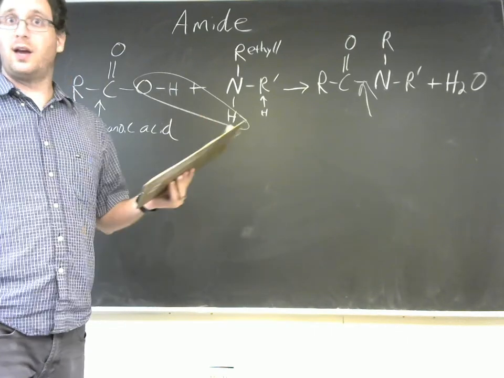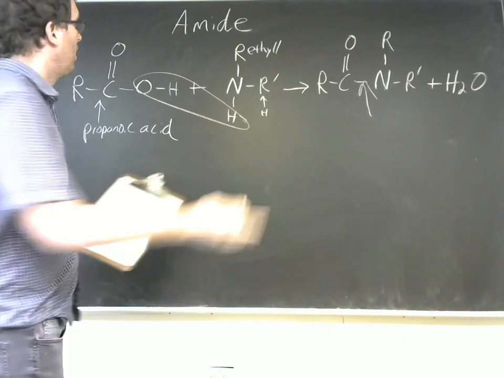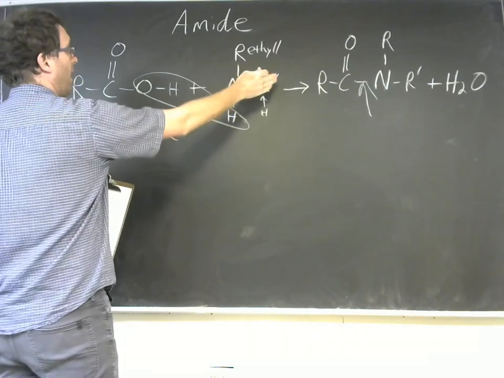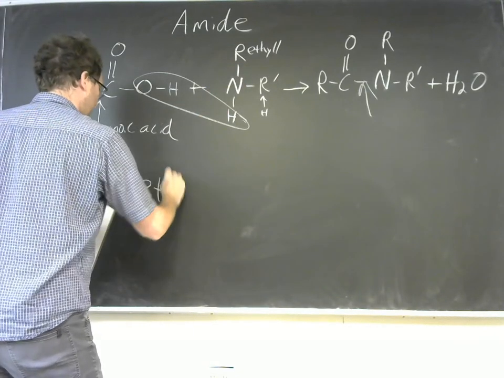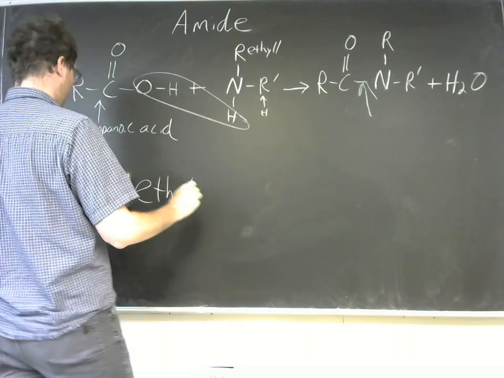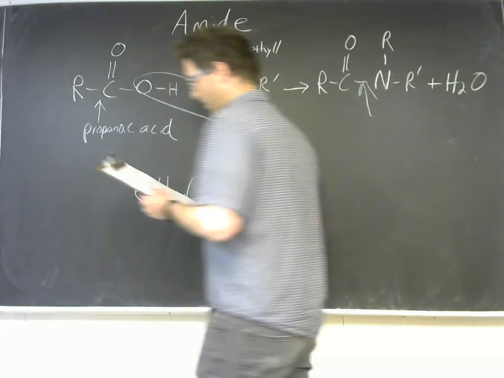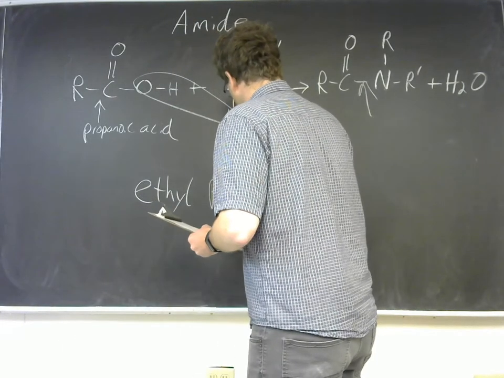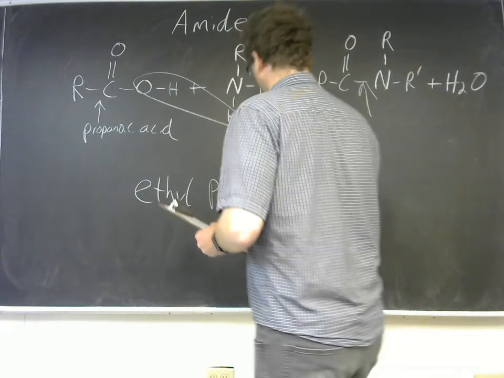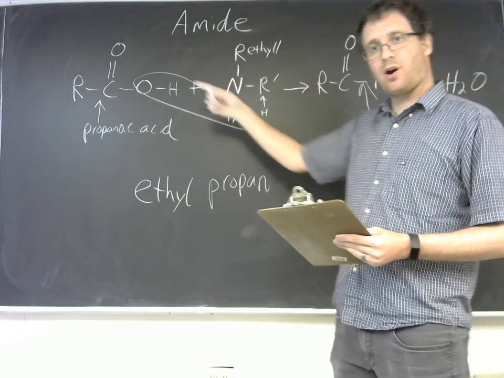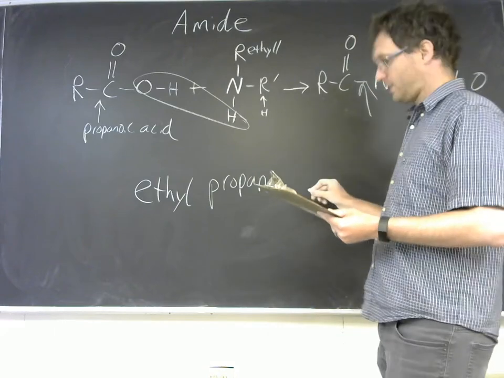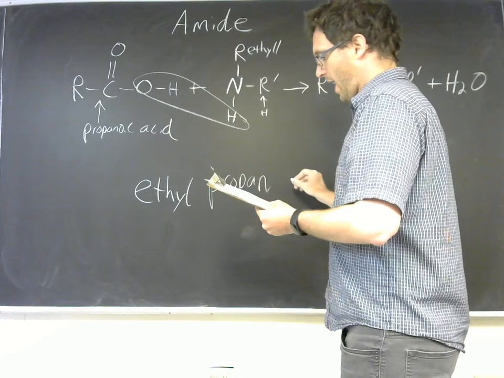So just like for an ester, we will start with the ethyl name, ethyl, and then we'll take the parent name of the carboxylic acid, only this time it's going to end in amide.